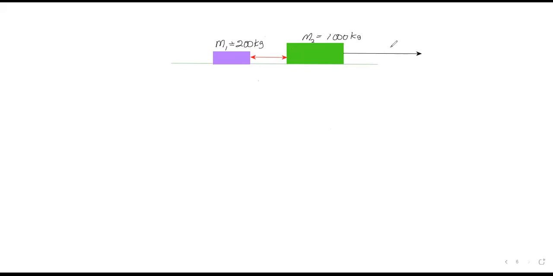And there is a force applied here of 760 Newton.